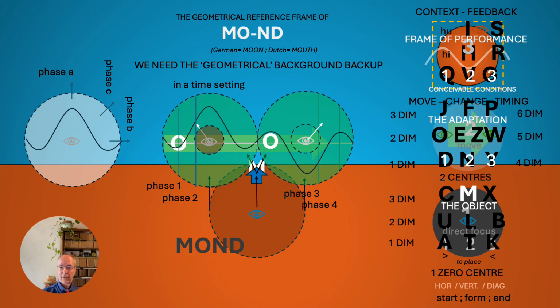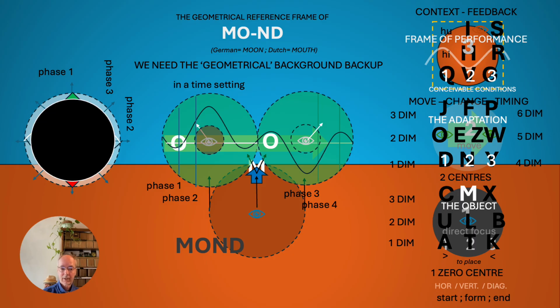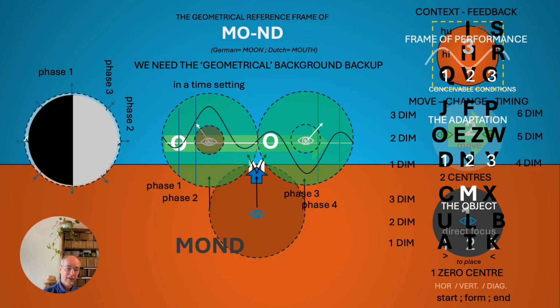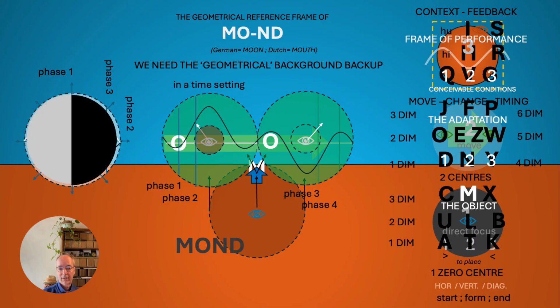How can I then explain it in forms? In MOND, of course, I will have these phases up, phases down, within just one focus or O. I will have them all within one circle, because it's written as O: phase 1, phase 2, phase 3, and then the contradictions will come to it as well, with the yeses and nos of the letter N. Basically, yes, no, in its totality, or from where I start and where I go to: there it is not, there it is, or there it is, and there it is not.